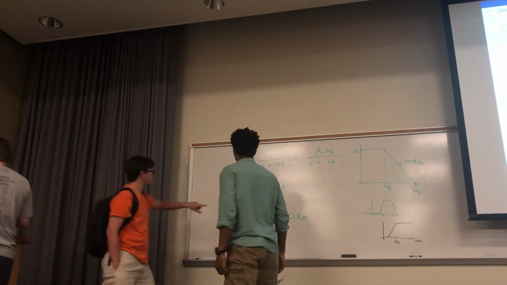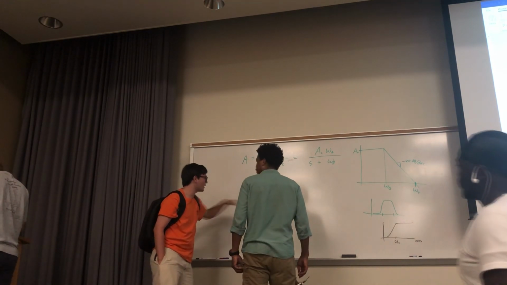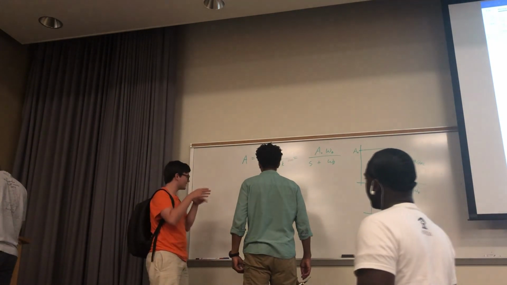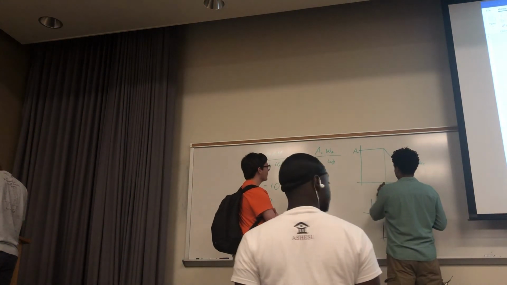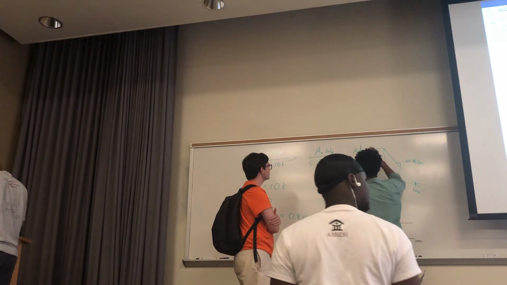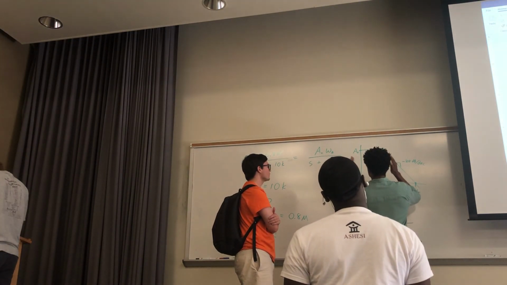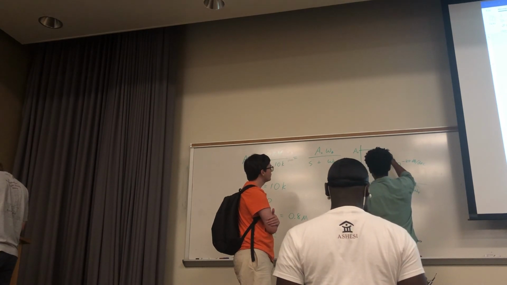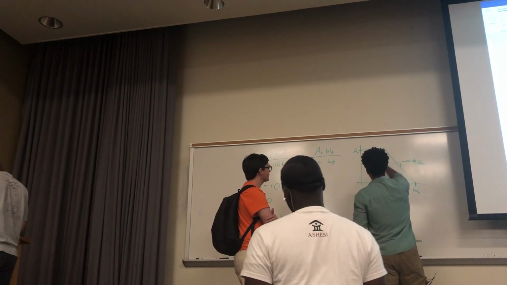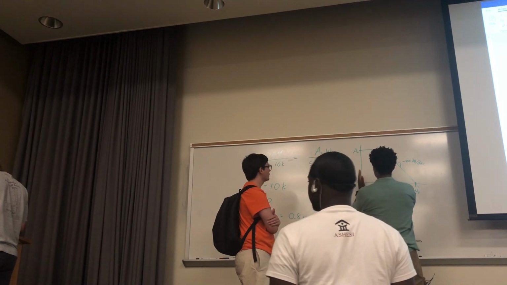Quickly explain why it's minus 0. I know you explained it, but I didn't understand. Yeah, the reason is because you're trying to find the bandwidth of all the frequencies that could pass through. So there's a range of that. The highest is omega b, but the lowest is 0 frequency. So that's the entire range.